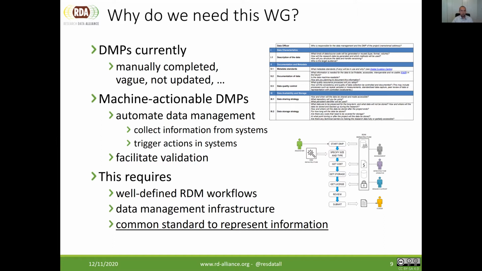Second thing we need is data management infrastructure that actually facilitates this communication. So we need tools, we need repositories, so we need basically communication channels between these tools. And the final thing, which is in focus of this working group, is a common way to represent this information. So the common way to represent information which is covered by DMPs.